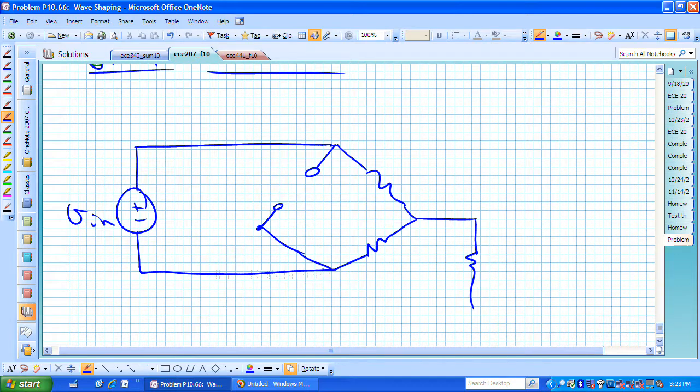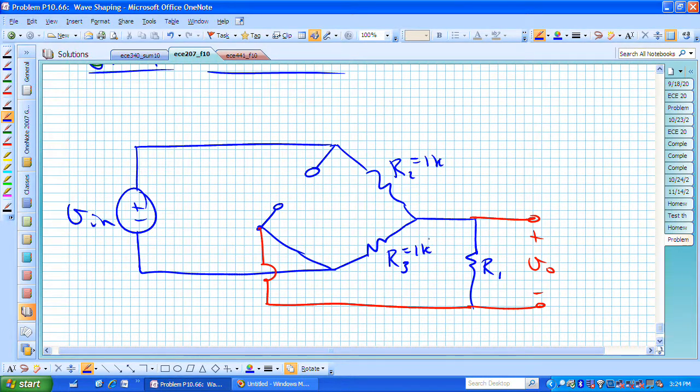Our input voltage negative terminal is connected to that particular point, and these ground locations are connected. Here is now what we were calling R2 before. Here's R3, and here's R1, our output. This was 1K, 1K, and 2K.